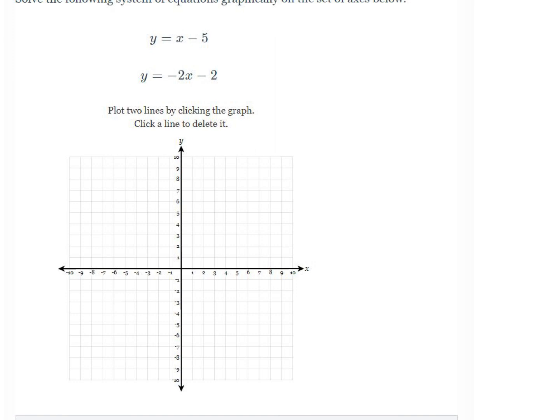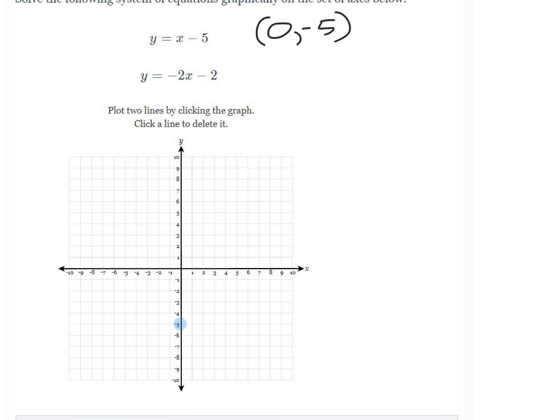We call that the y-intercept. If I were to write that down right here, that's when x is 0, the y is -5. We call that the y-intercept, and it's always this number right here when the equation is solved for y, when it says y equals mx plus b. So I'm going to start by putting that point right there at -5, okay?